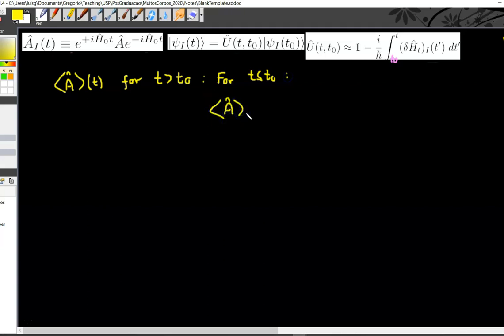The expected value of A is simply 1 over the partition function, right? So we have the Hamiltonian H0. We know its spectrum, okay? So we know the partition function, which is just the sum over alpha of e to the minus beta E alpha zero, right?